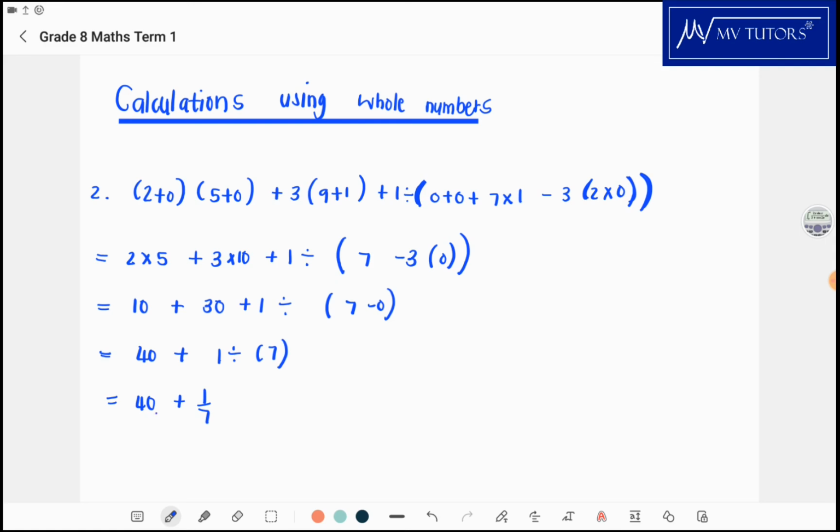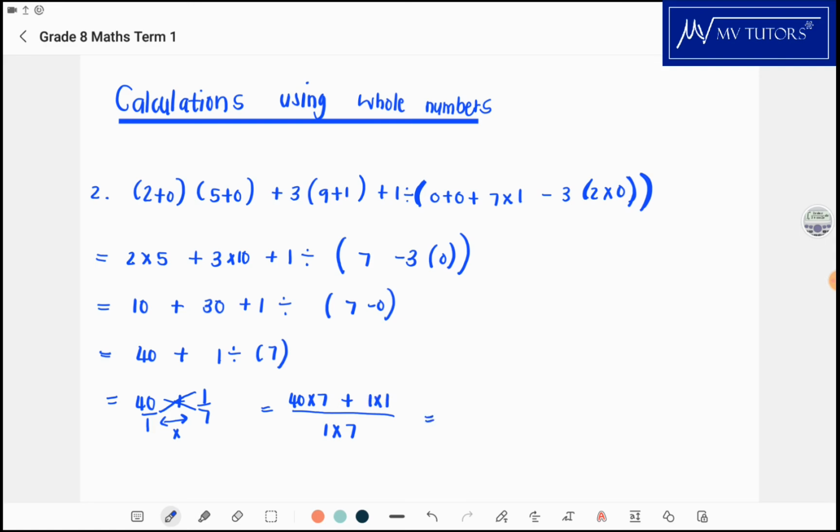So at the moment, I have 40 over 1, and then I have 1 over 7. So in order for me to have a common denominator, I multiply the denominators. Okay, if I multiply the denominators, 1 times 7. And then in the numerator, I multiply those that are opposite each other. So 40 times 7 plus 1 times 1.